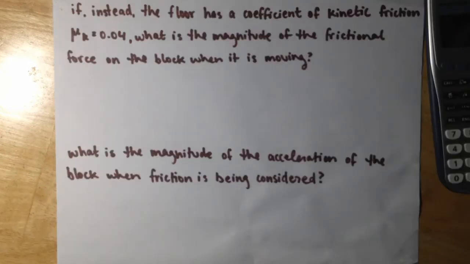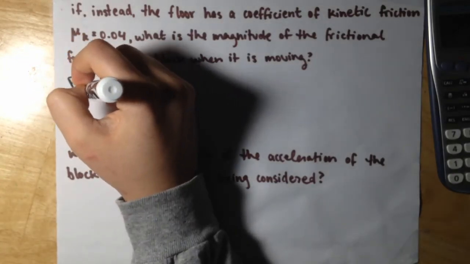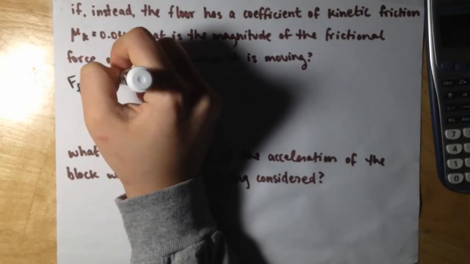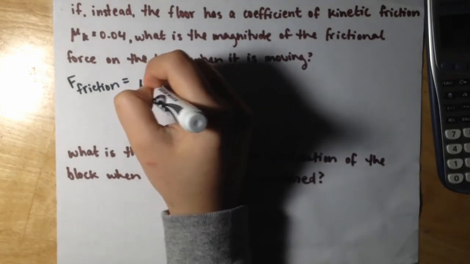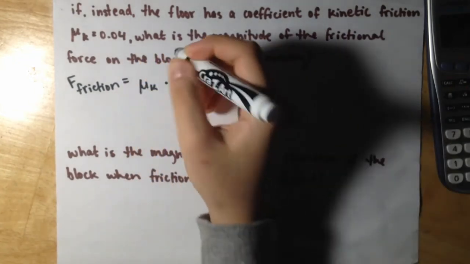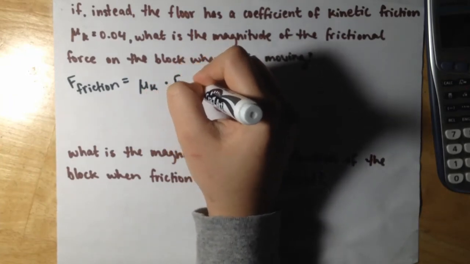If instead the floor has a coefficient of kinetic friction equal to 0.04, what is the magnitude of the frictional force on the block when the block is moving? So the formula for force of friction equals the product of the coefficient of kinetic friction and the normal force.